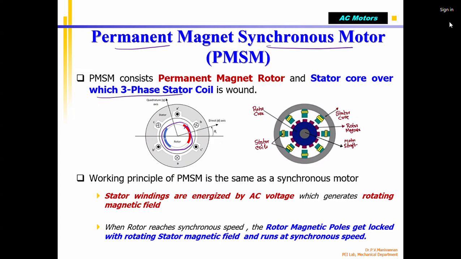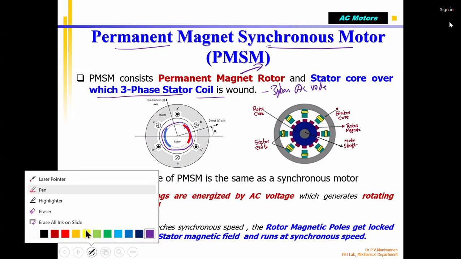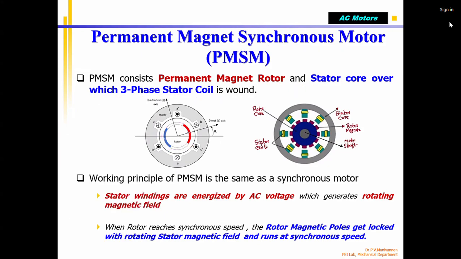That part is automatically removed in a permanent magnet synchronous motor compared to a conventional synchronous motor. So you have a 3-phase stator winding supplied with 3-phase AC voltage, and the rotor is a permanent magnet. So it simplifies. Here it is shown with a single north and south pole, but here you have multiple poles.